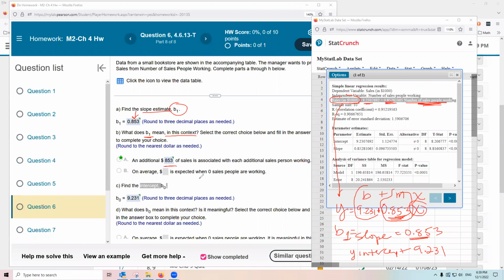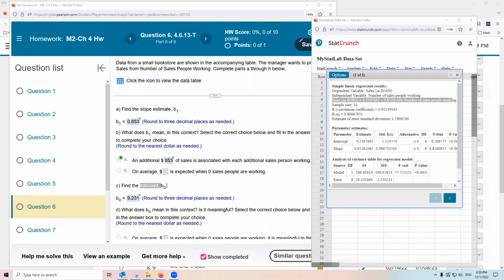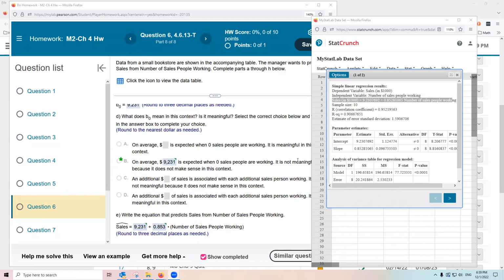All right, let's come down here. It says find the intercept b sub 0. Again, our textbook calls the y-intercept b sub 0. So for us, b sub 0 is going to be 9.231. All right, well, they want to know what does that mean in context. Let me scroll down here. Well, if you look at this equation, what if x was 0? Right here was the equation.